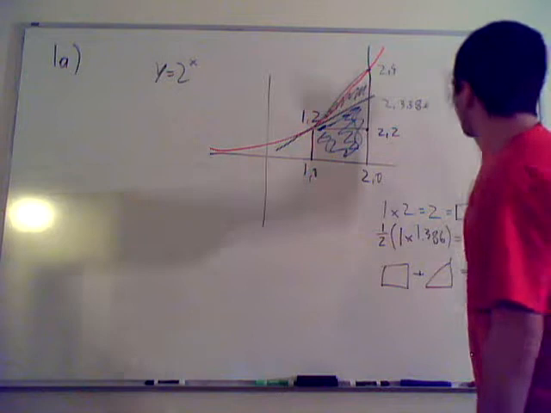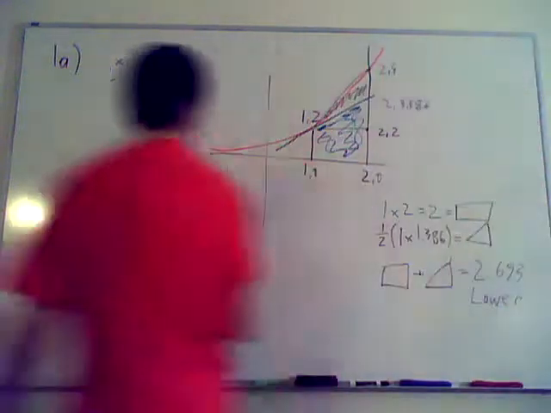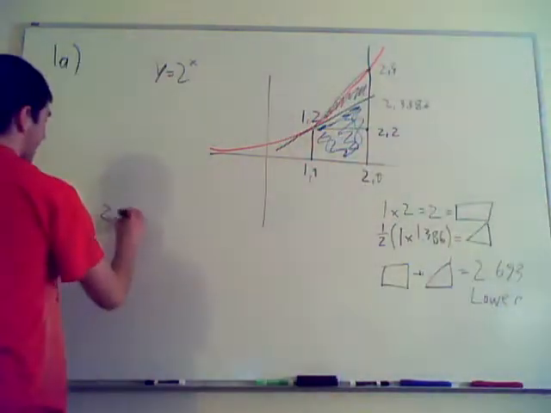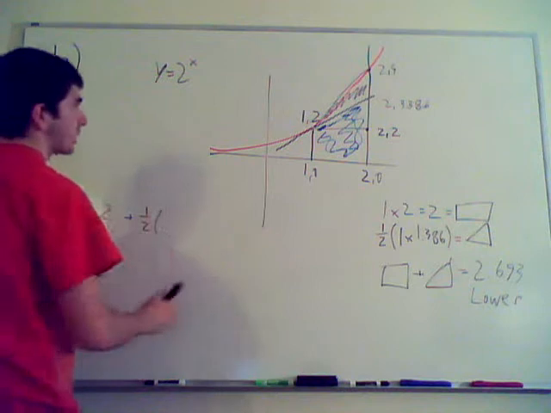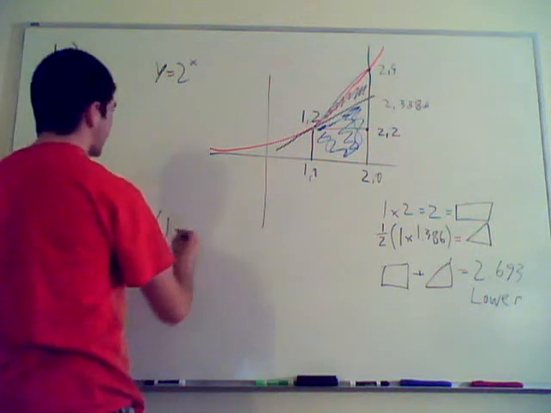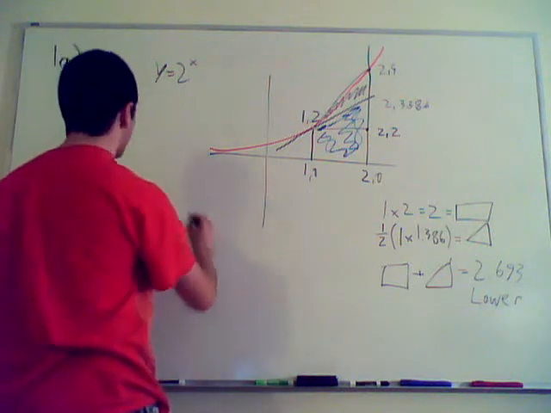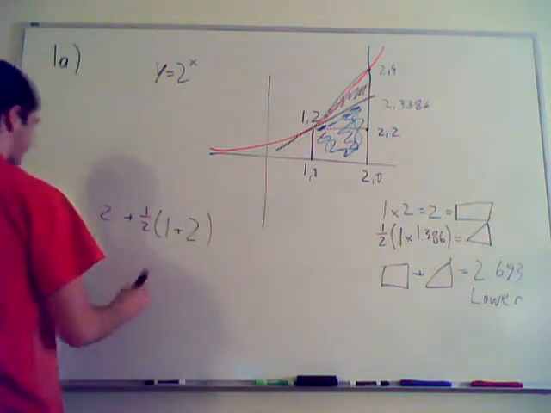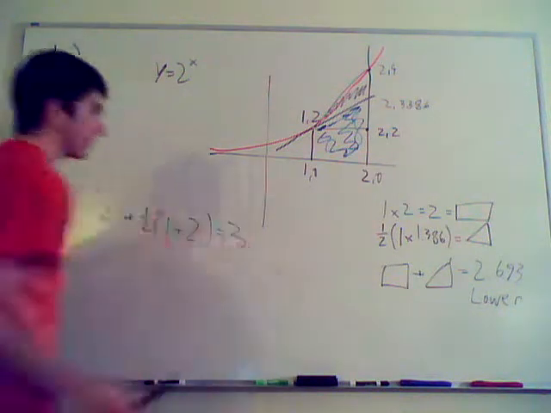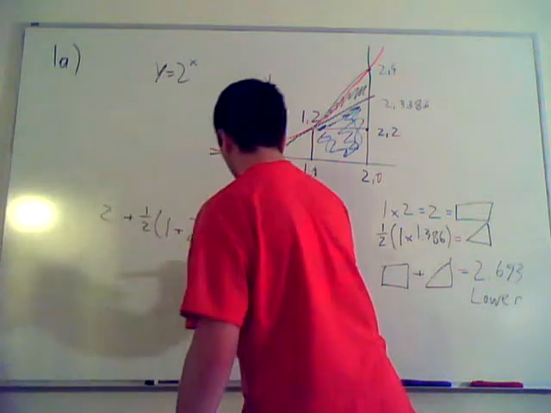Because it goes up to 4. So now your area is 2, because it's the rectangle, plus the triangle. So 1/2 length times width. Length is 1, plus width, which we just said is 2, or height, I guess. So that is going to be 3, right? And that is your higher.